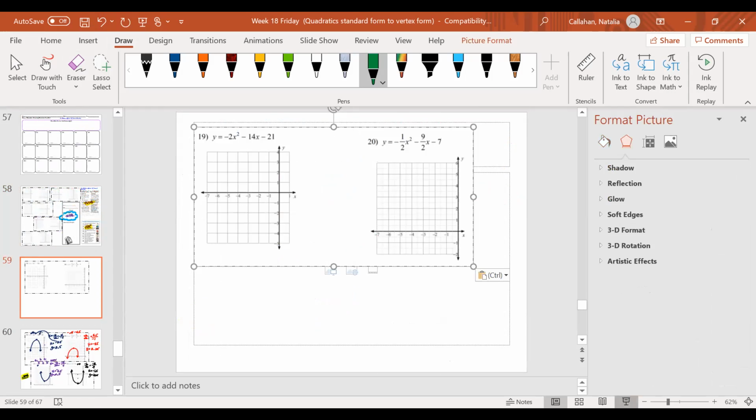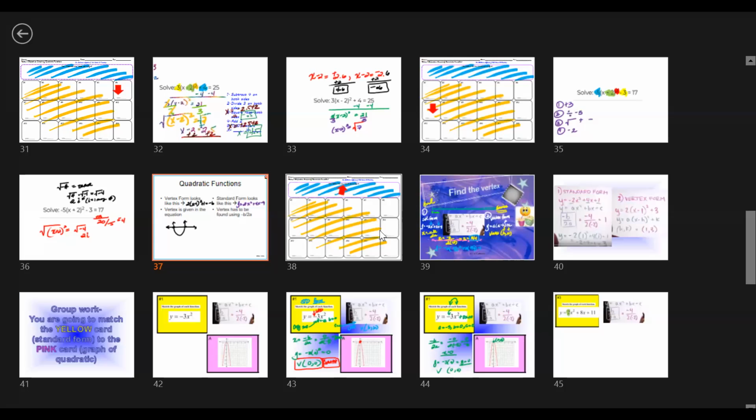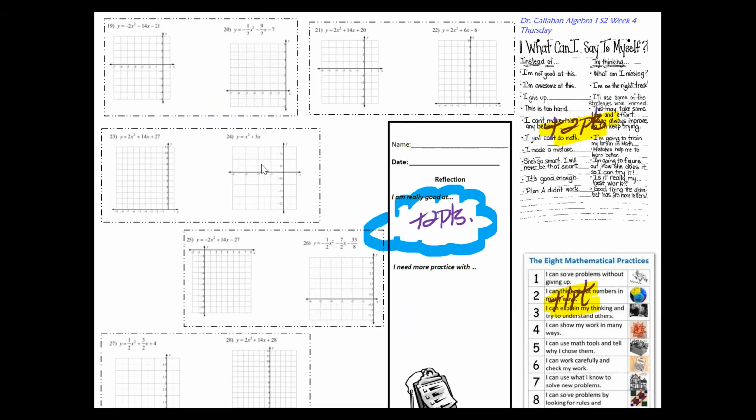All right, let's take a look at this here. Okay, so go ahead and turn over to this page, which is right here. We're going to start off with number 19.